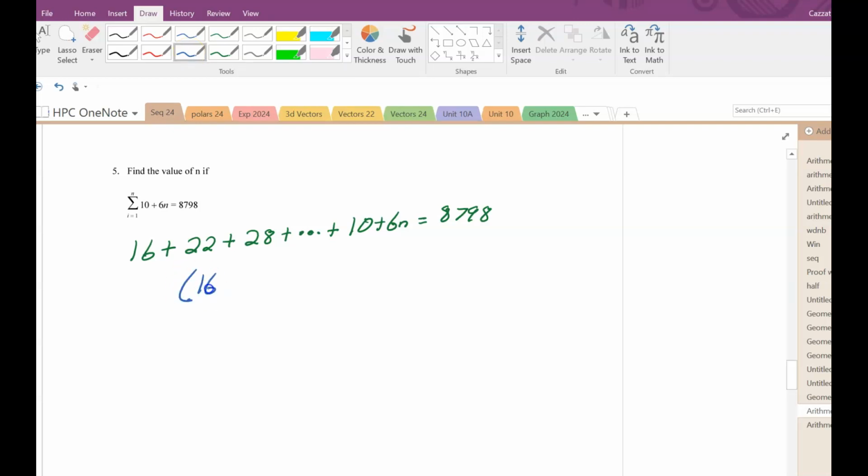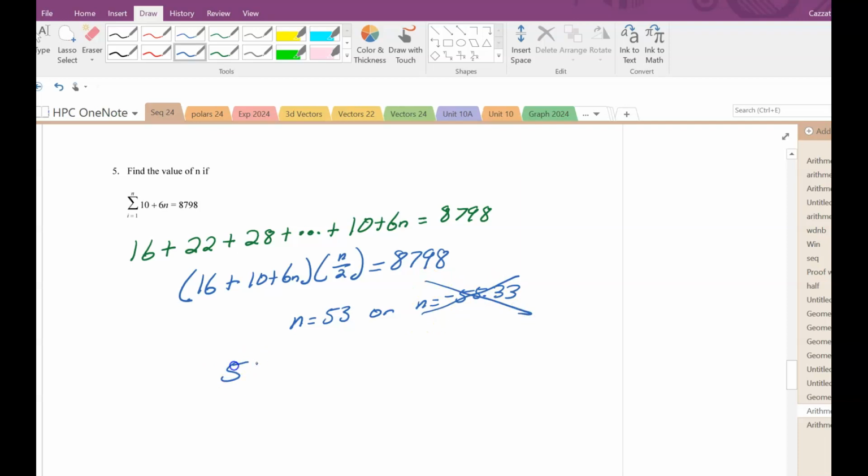So you could say 16, that's a1, plus (10 plus 6n), times n over 2 is 8798. And this is going to be a quadratic again. When you solve the quadratic, you will get 53, or n is equal to negative 55.33. That's extraneous, so that means there are 53 terms.